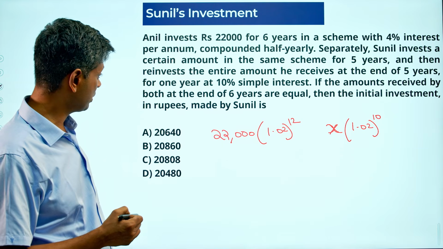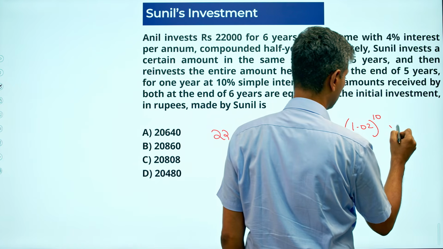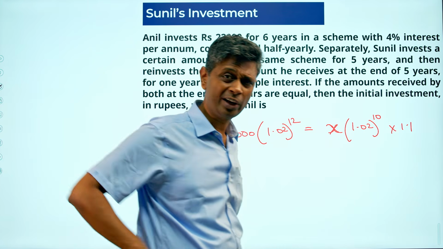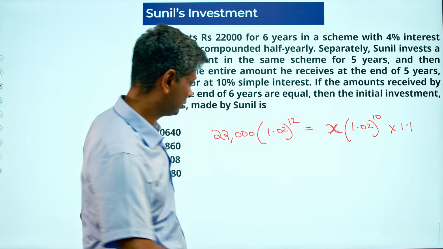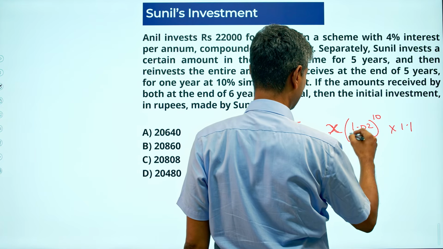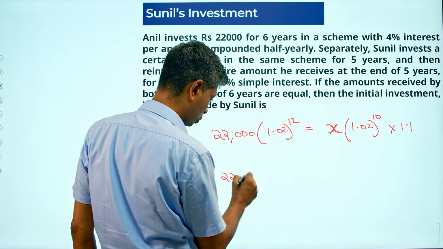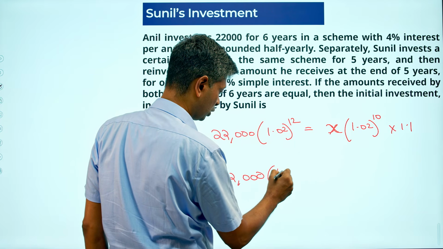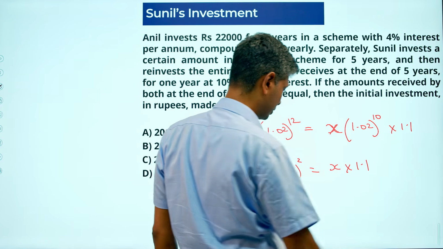And the initial investment in rupees made by Sunil. This is equal to this into 1.1. I was a little worried. How am I going to calculate 1.02 to the power 12? That simply doesn't happen. So this 1.02 to the power 12 and that 10 get cancelled. 22,000 into 1.02 whole square equals x into 1.1.